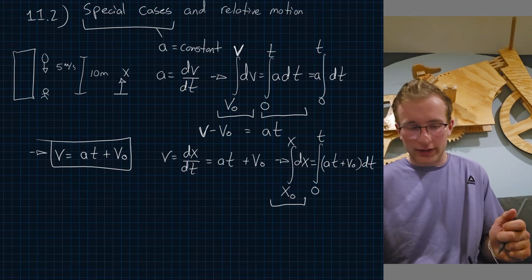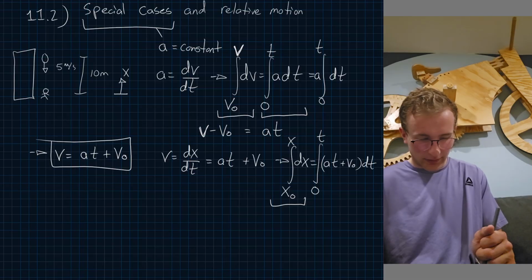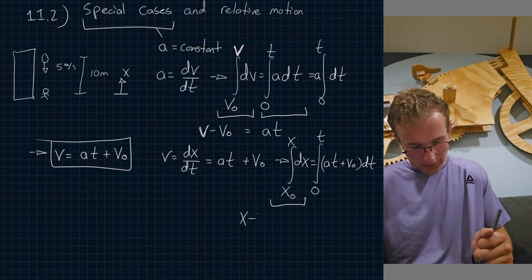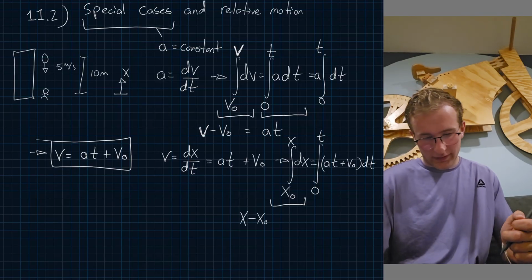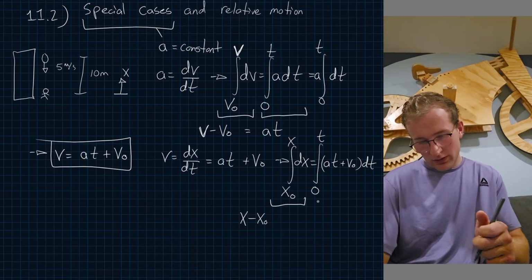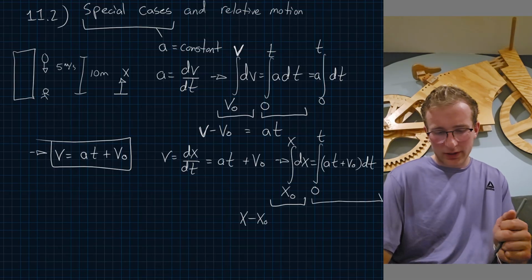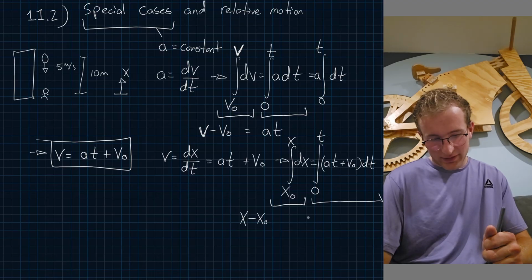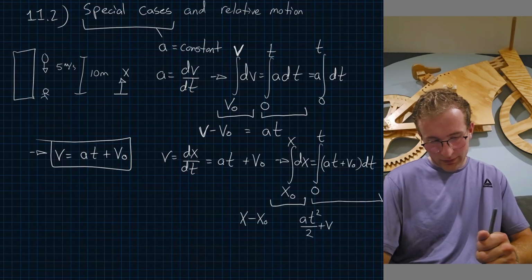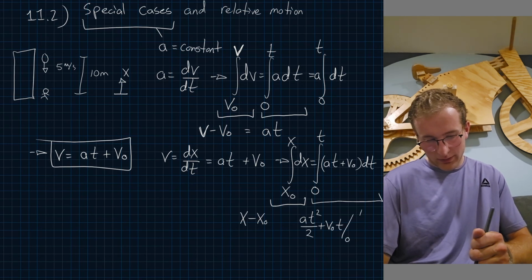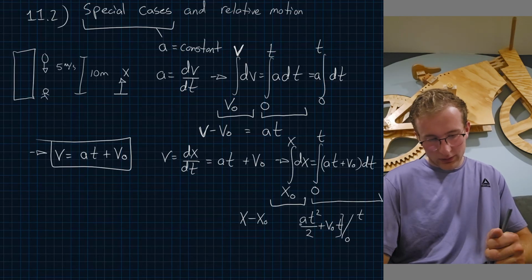Now what is this left side equal to? That whole integral? Well, it's x minus x naught. And then a little bit more tricky. How about that integral? Well, it's a times t squared over 2 plus v naught times t, evaluated from 0 to t.